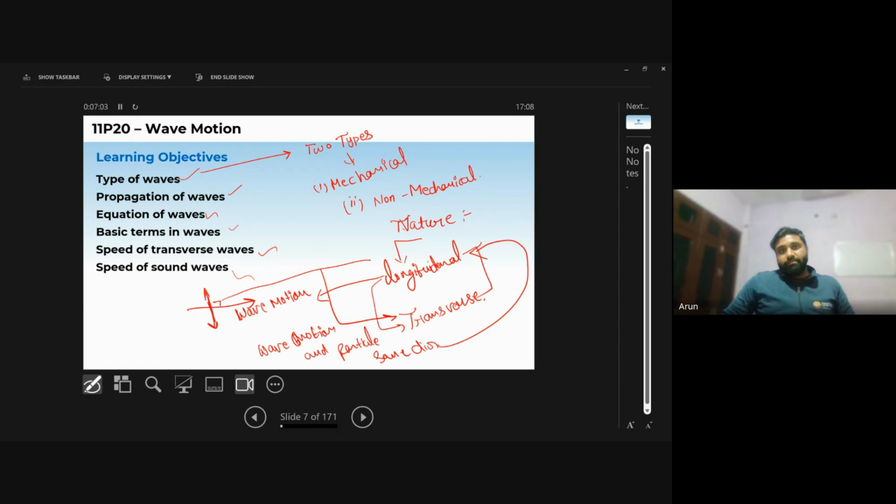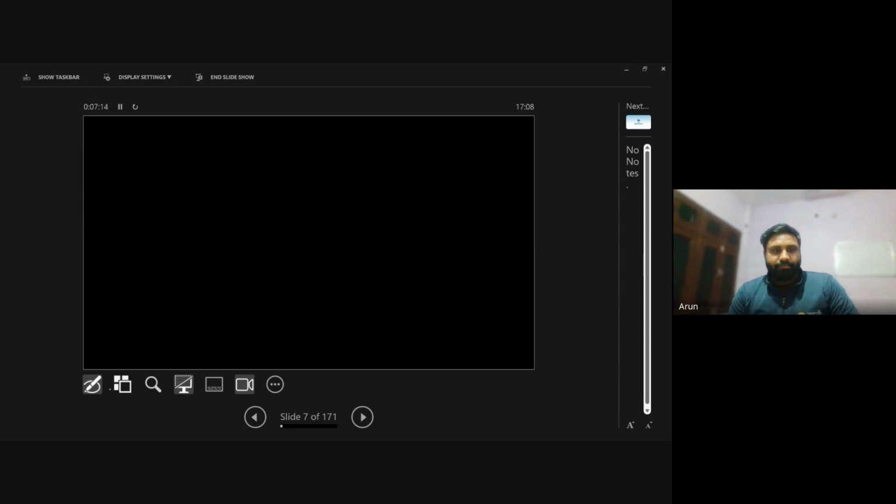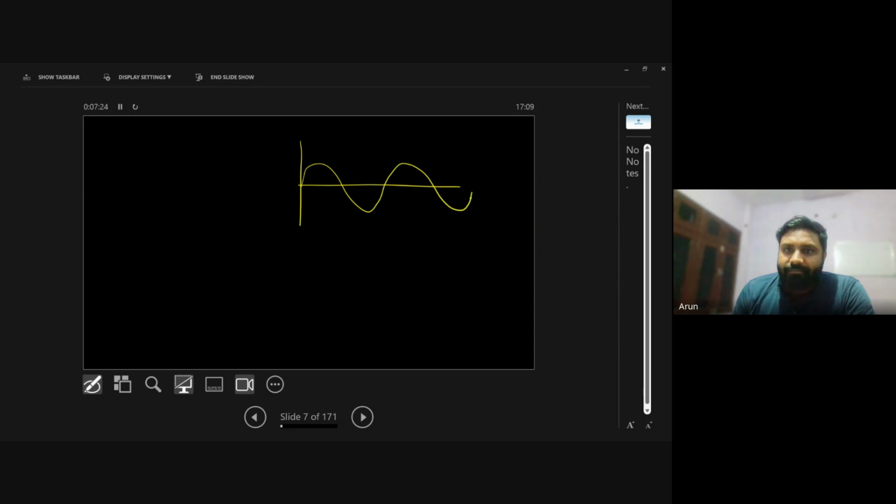so first thing first, I will tell you that most of the students form a picture in their mind about wave. Let me change the screen. What they form in their mind is that this is typically a wave.